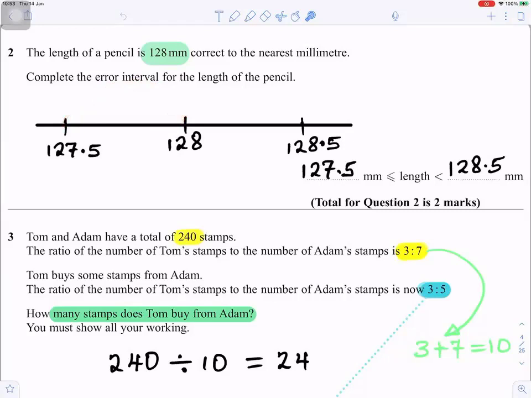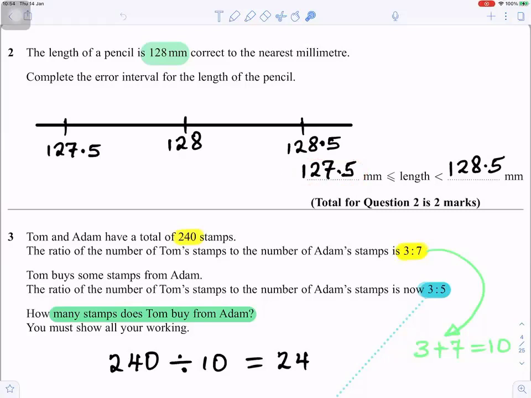Now we look for a number that we can round down to 128. We can round down 128.499999 forever. We round that down to 128 because it's less than 5. But we cannot be writing 0.4999 forever, so we would just write 128.5. But we know the number has to be below 128.5. So we round 127.5 up.